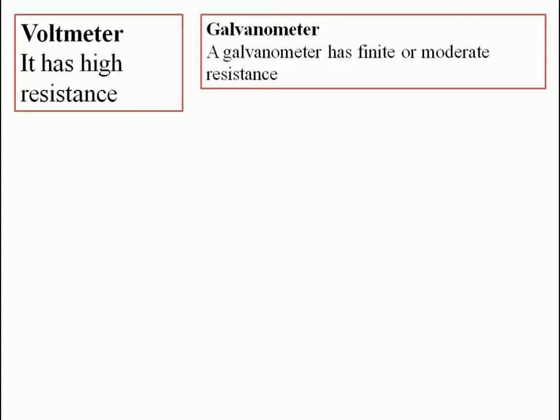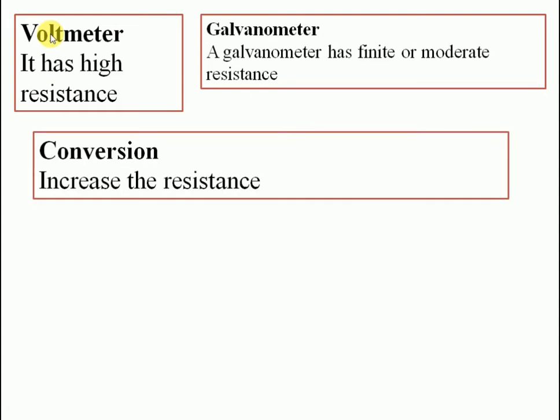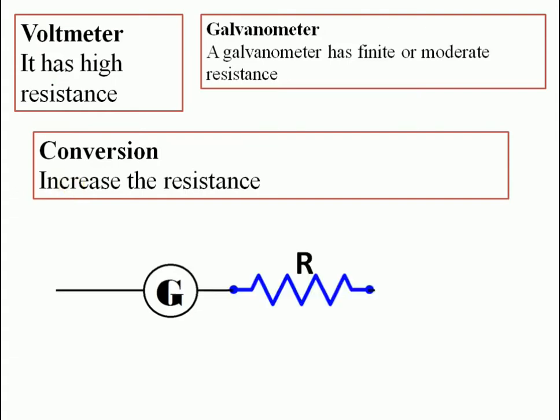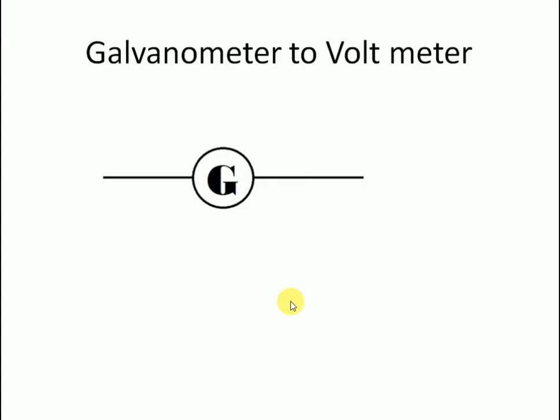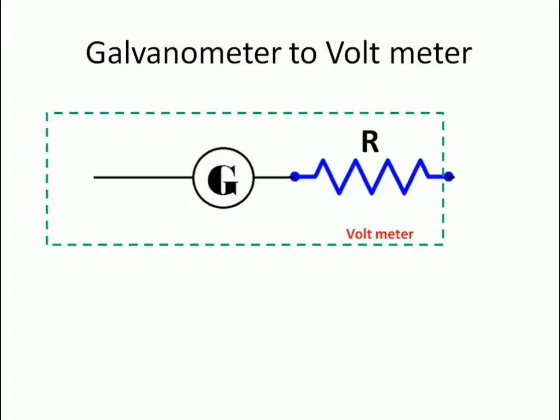Now we'll convert a galvanometer into a voltmeter. A galvanometer has finite or moderate resistance, but we need high resistance for a voltmeter. In order to do that we have to increase the resistance, and the method is to connect a high resistance in series with the galvanometer, and now this system will work as a voltmeter.